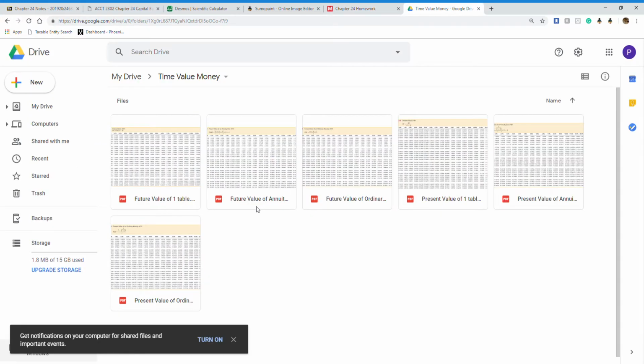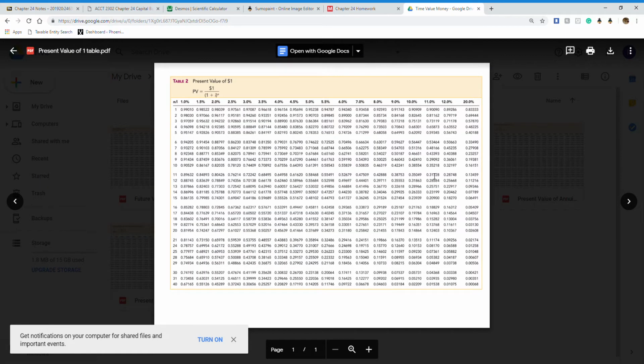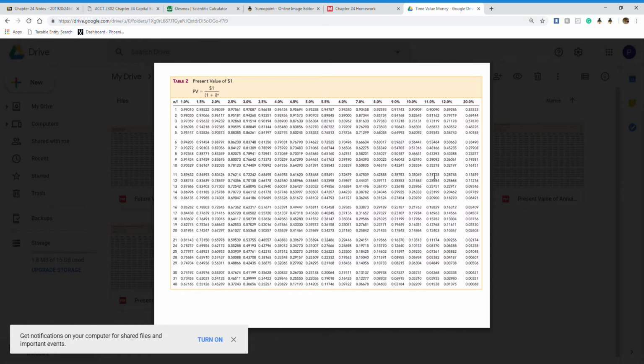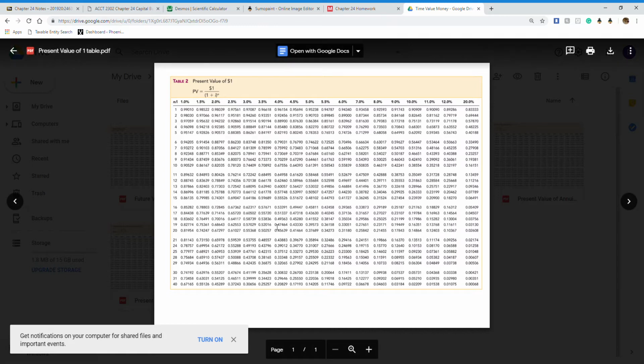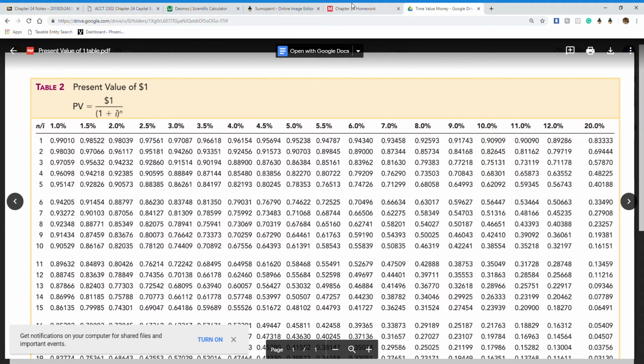So let's look up our chart. Present value of $1. And we're going to find out what really is the year and the percentage.